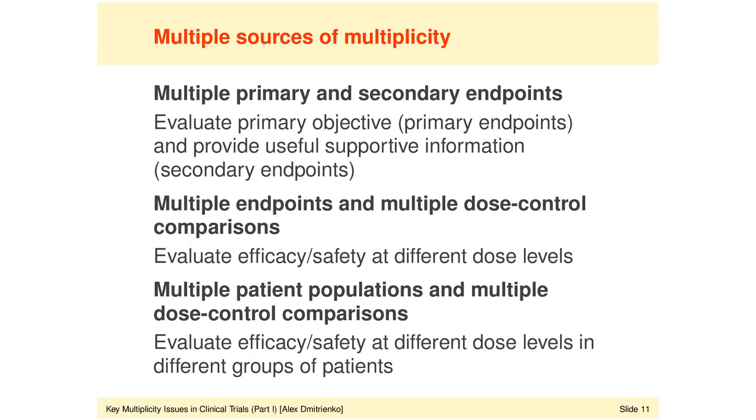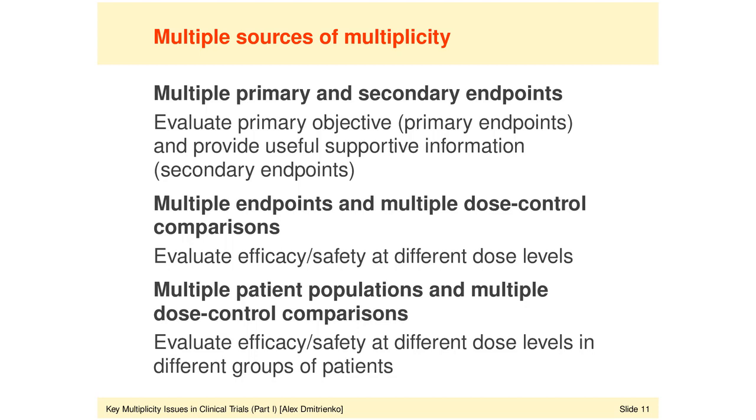The primary endpoints determine the main outcome of the trial, and the secondary supportive endpoints provide useful supportive information. The primary endpoints and secondary endpoints are placed in two different families that are tested sequentially. And this highlights the fact that there are now two sources of multiplicity in the trial.